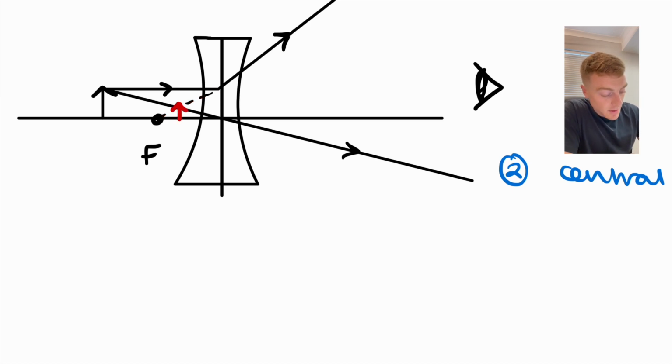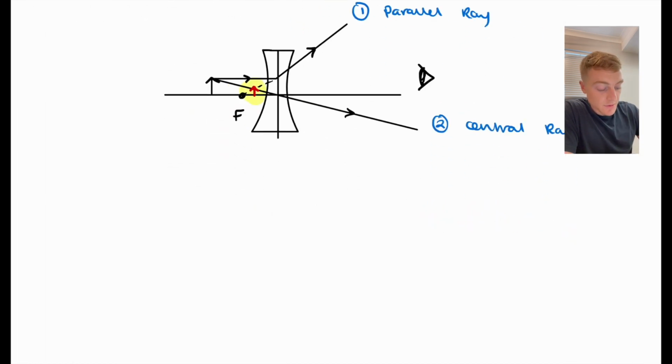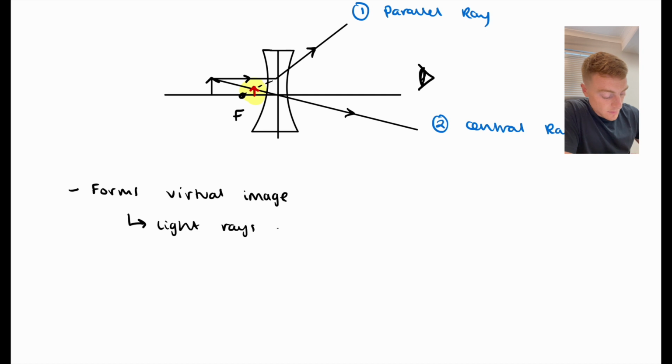So that's going to be my image over here. Okay, so we can see that it forms a virtual image, and that's because light rays only appear to meet. They don't actually meet.